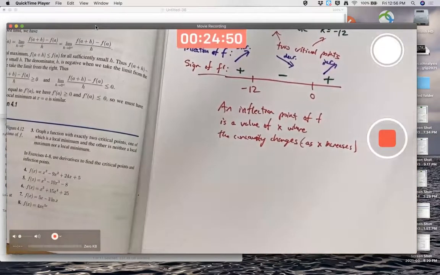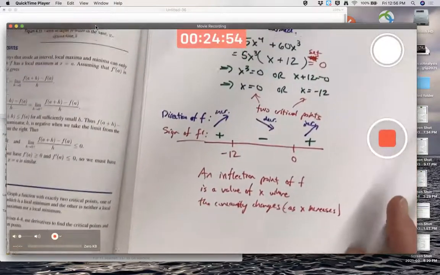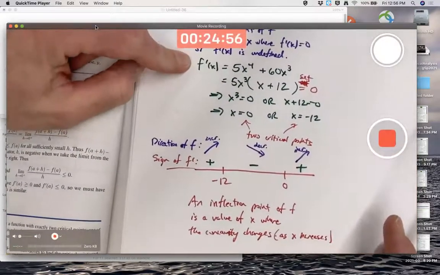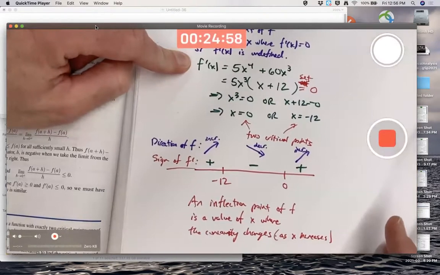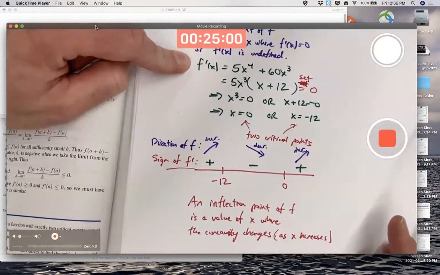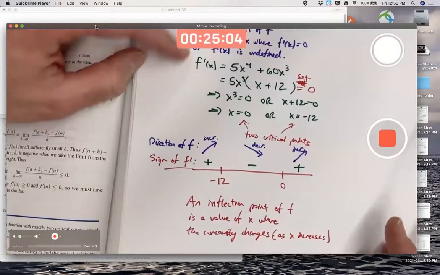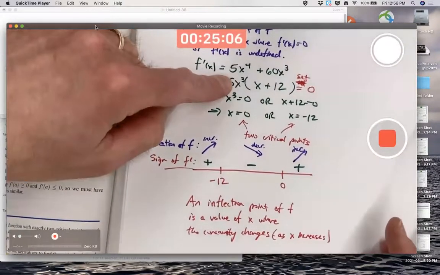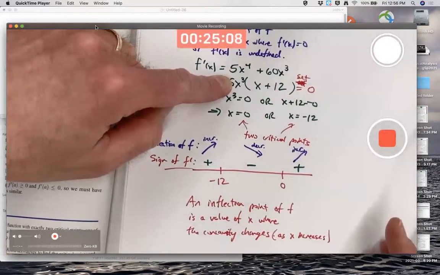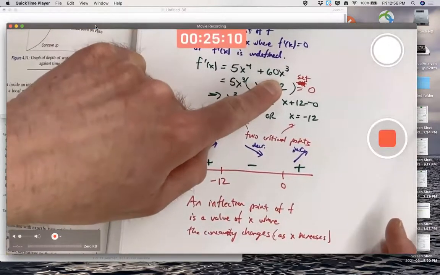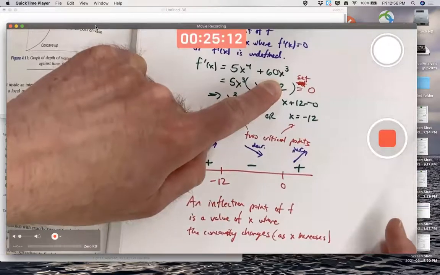So we need to find the second derivative. There's the first derivative. The second derivative of f is the derivative of the first derivative. So I need to differentiate that. Differentiate 5x to the fourth gives you 20x cubed. Differentiate 60x cubed gives you 180x squared. Question?